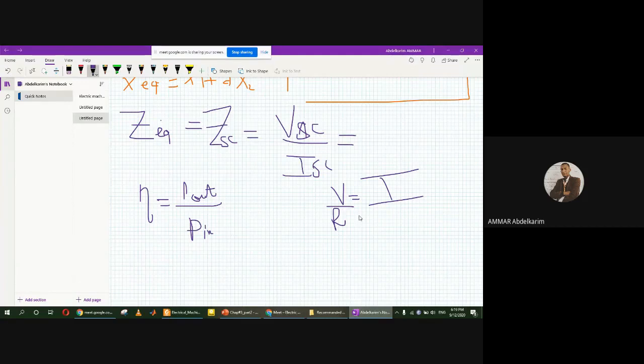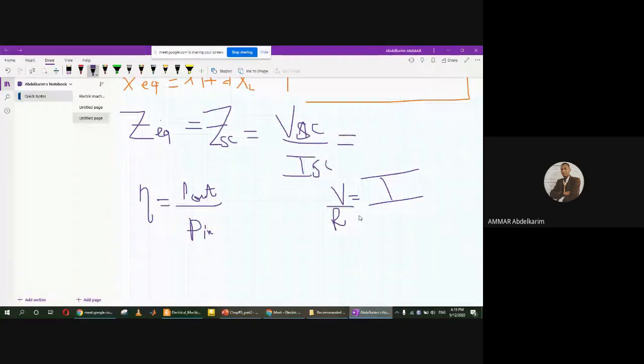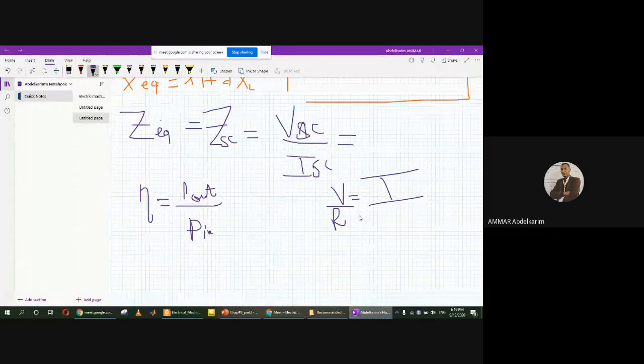We cannot connect a load to the transformer that consumes more than the rated current. And the rated current of the transformer, we can find it on the nameplate.